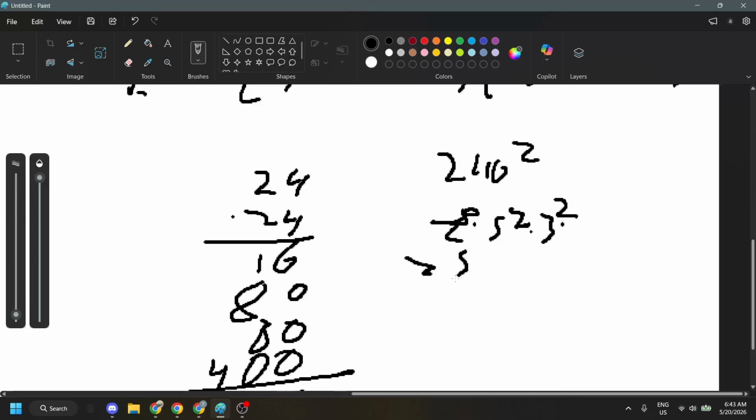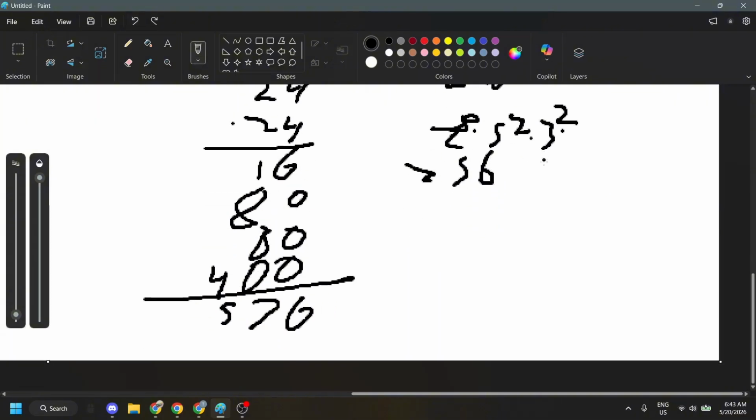Okay, 256, and this is going to be 25 times 9 is 225. No. What if we swap? Is this too large or too small? It's going to be just too large.